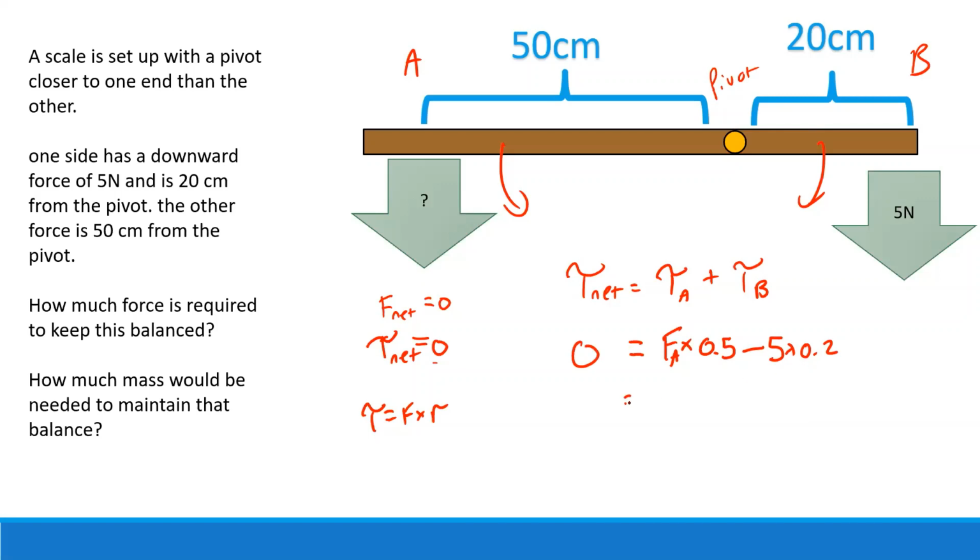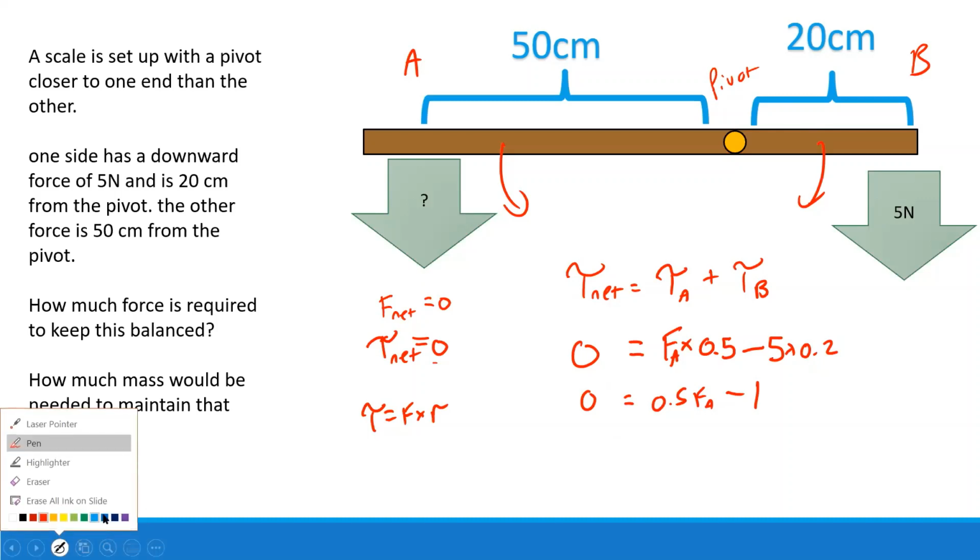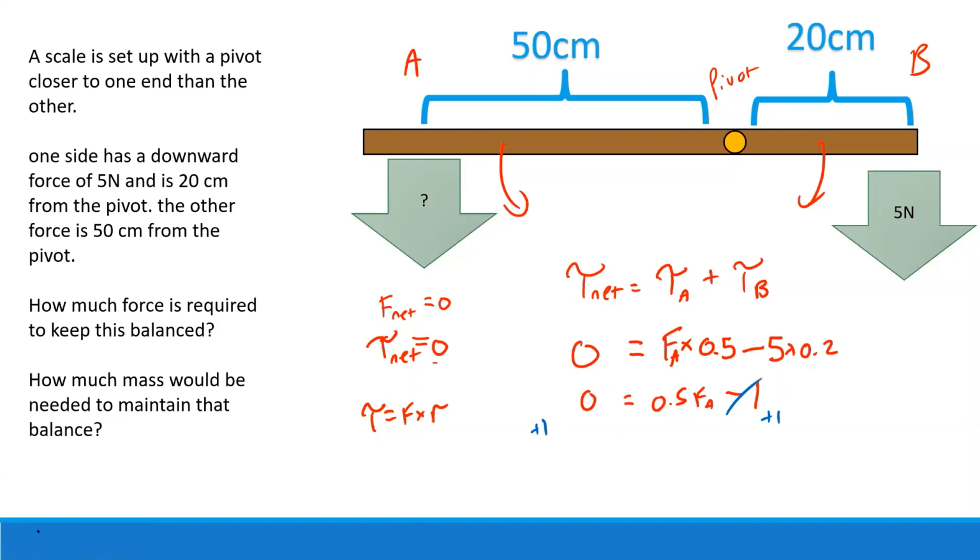So then we can now go 0 equals 0.5 FA minus 0.5 times... 5 times 0.2 is going to be 1. Adding 1 to both sides, 1 equals 0.5 FA.